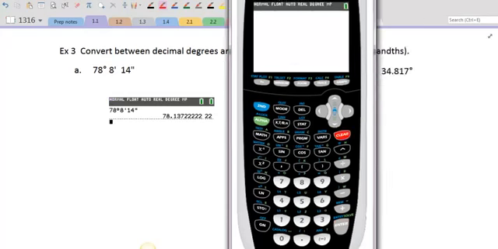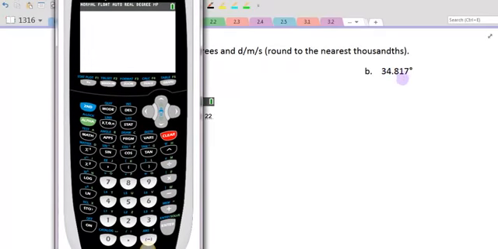Now let's do that again. Only this time I'm going to take my decimal degree value and convert it into degrees, minutes, and seconds. So we put in, just like we do on a normal calculator, 34.817, and I want to convert it using the angle menu one more time.